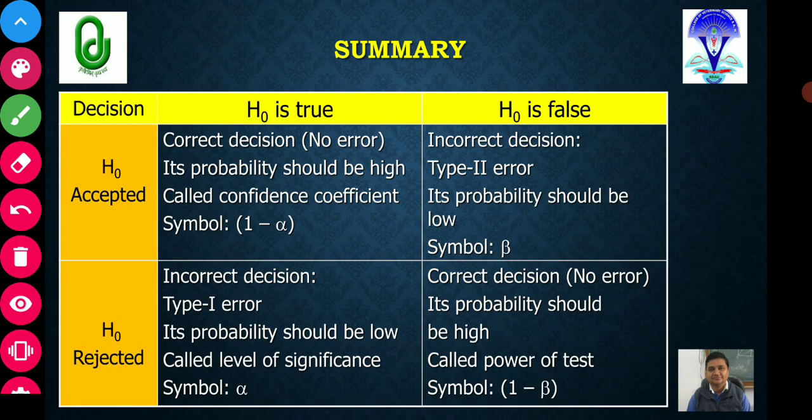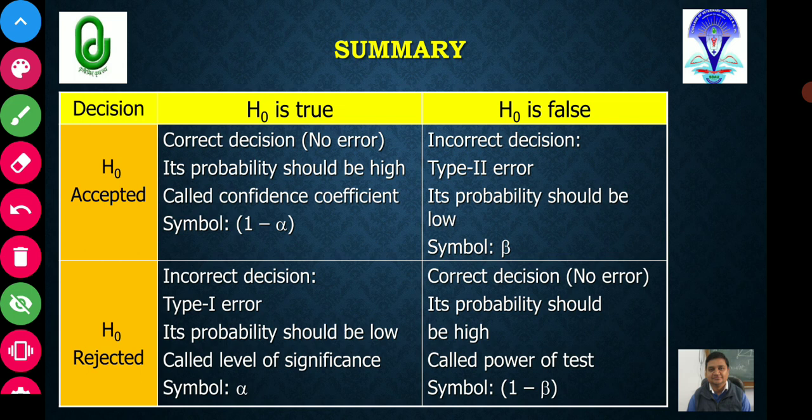Now we will summarize it, and here in the summary you can see the different conditions. In the first column you can see the decision, and in the first row you can see the condition.